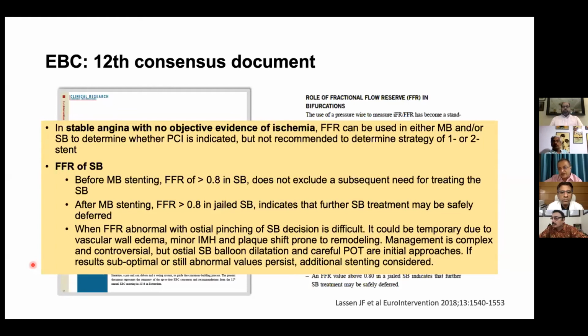The management in such complex cases is controversial, but the usual strategy is ostial side branch dilatation and careful POT. And if results are still suboptimal or abnormal values persist, we can go for additional stenting.